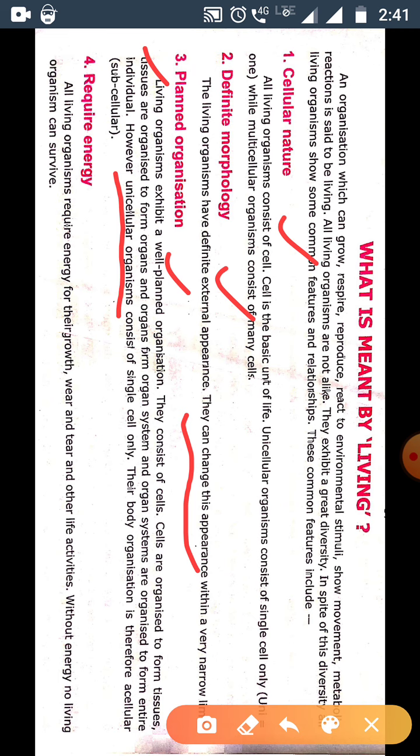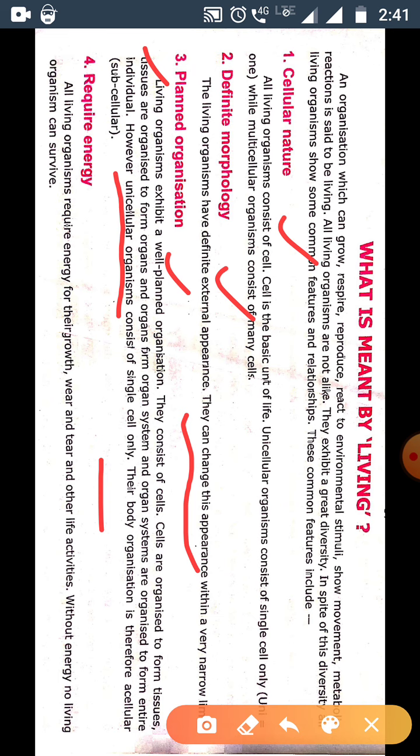Here, see again, their body organization is therefore acellular. Unicellular organisms consist of a single cell only, so their body organization is known as acellular.